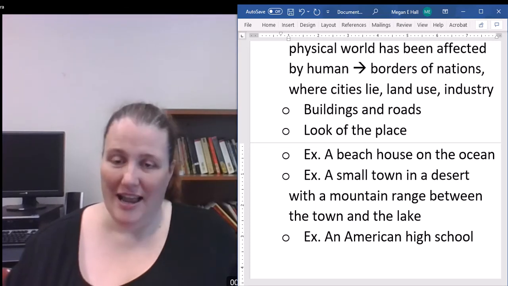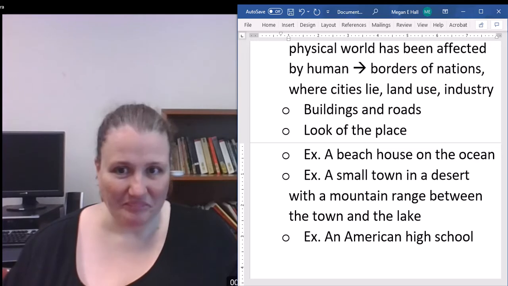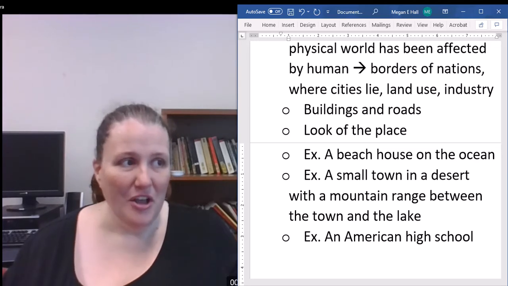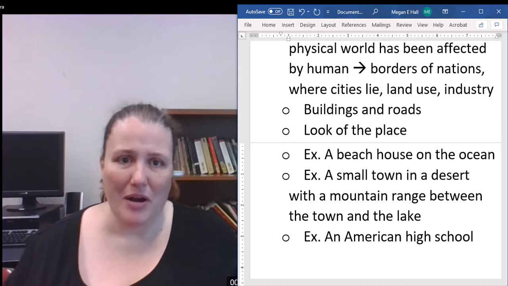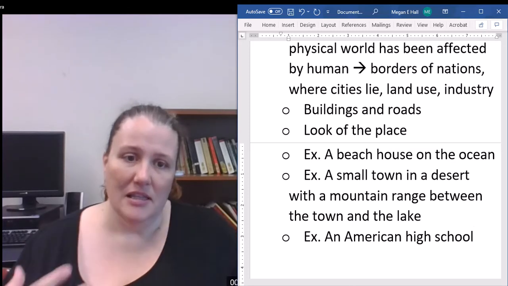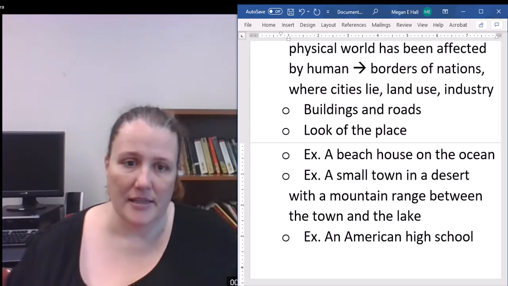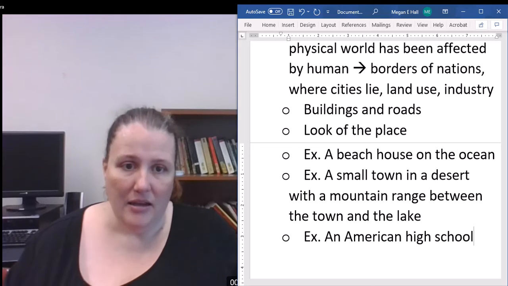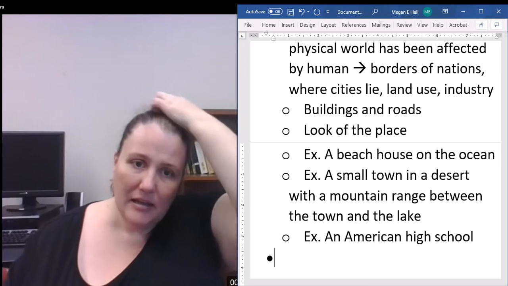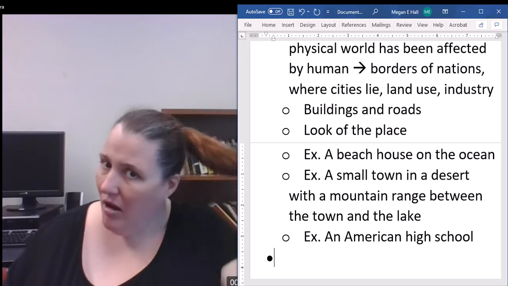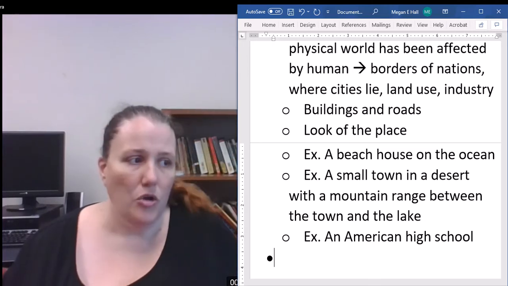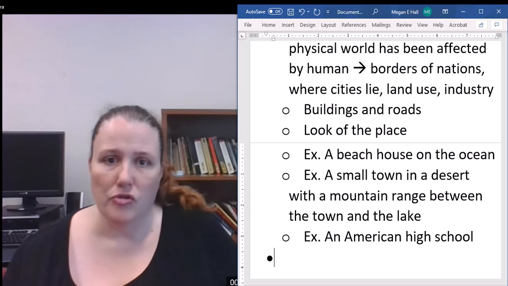Maybe it's run down and it has no air conditioning, and half the buildings are those temporary buildings they put outside, right? Those would be some of the setting details, the look of the place that you would add. So, yeah, that's the environment, right? You're in a restaurant. You're on a crowded street.